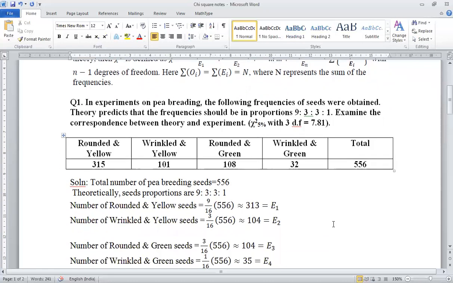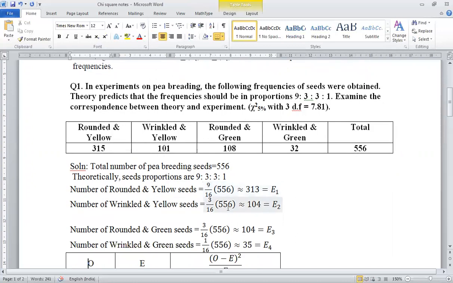So let's find out, of 556, the number of seeds of each type. The total number of rounded and yellow seeds will be 9 by 16 of 556, which will be approximately 313. We need to round off the numbers to the nearest integer. We represent this by E1. Similarly, the wrinkled and yellow seeds are 3 by 16 of 556, we get 104.